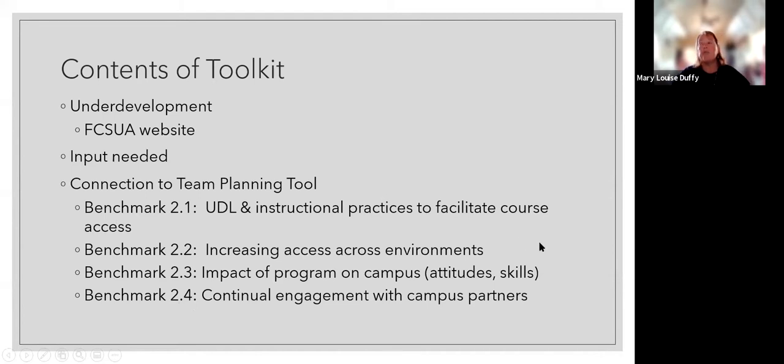So when you eventually are able to access the toolkit, you'll see connections to these benchmarks there, so that when you're working on those benchmarks, you can go and look at that toolkit and say, oh, here's some ideas I hadn't thought about, or, oh yeah, we tried that, that didn't work. Let's see if there's something else. Just trying to make it a little more user-friendly and much more directed to the planning tool.